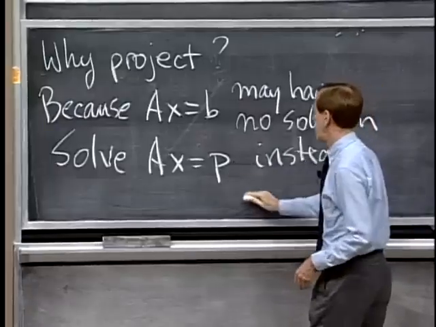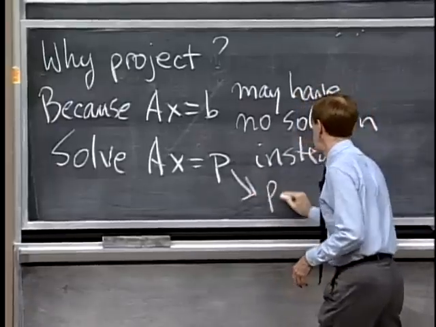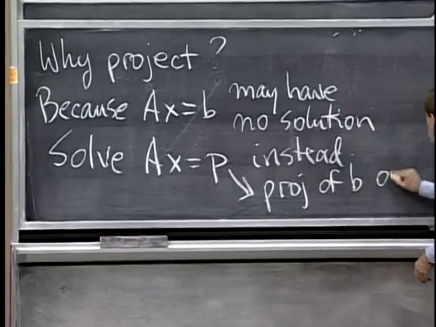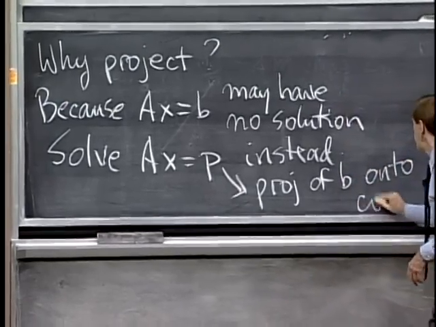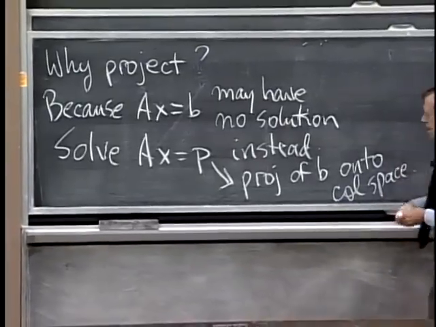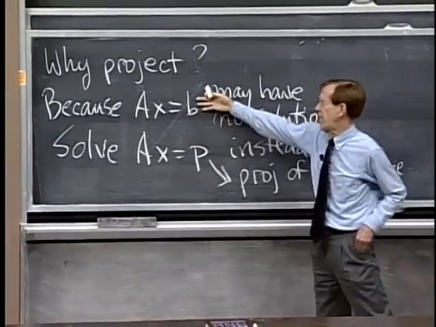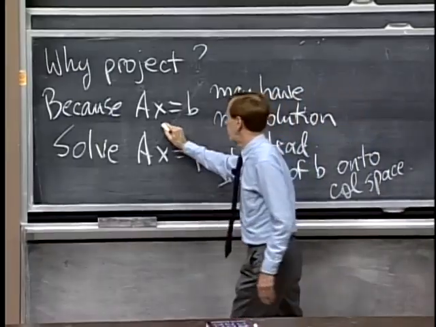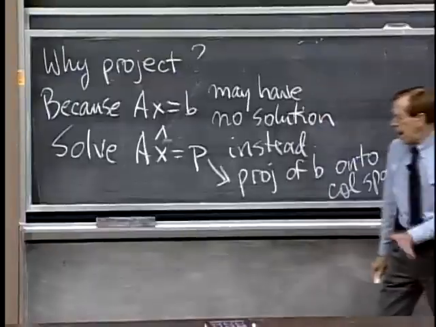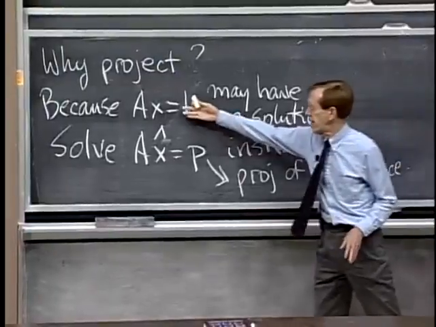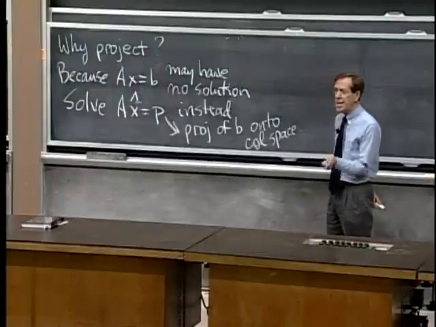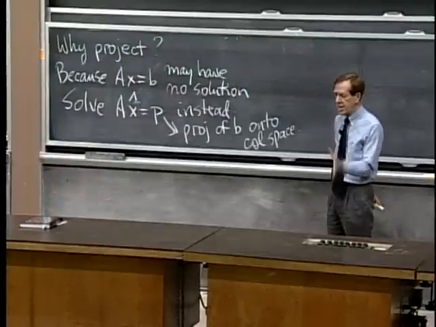Where P is the projection of B onto the column space. That's why I want to be able to do this, because I have to find a solution here, and I'm going to put a little hat there to indicate that it's not the X that doesn't exist. It's the X hat that's best possible.